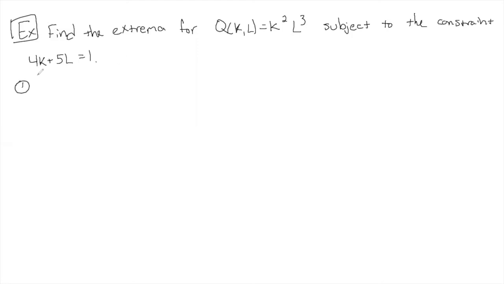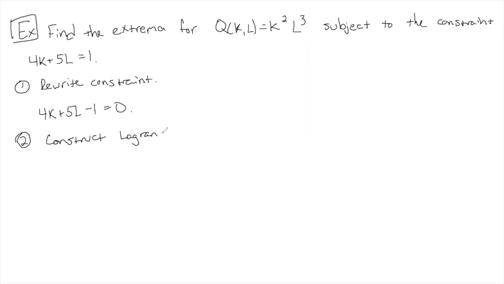Okay, so let's remind ourselves of the steps. Rewrite constraint. All right, so I have 4K plus 5L minus 1 equals 0. Great, easy. Step 2, construct Lagrangian.